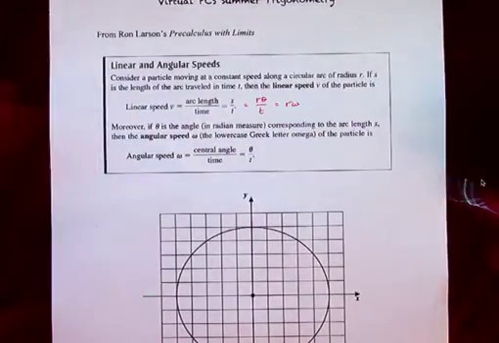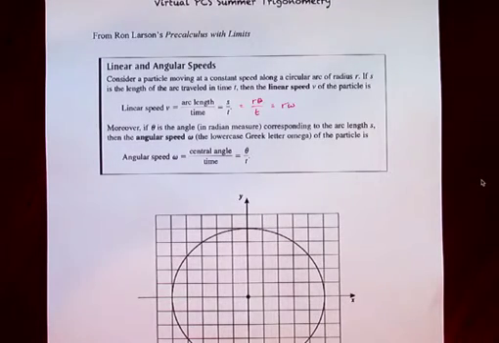And of course, I've sort of gotten ahead of myself, but let's go ahead and read that second portion of it. Moreover, if theta is the angle in radian measure corresponding to the arc length s, then the angular speed, omega, of the particle is theta per time, right? Theta over t.